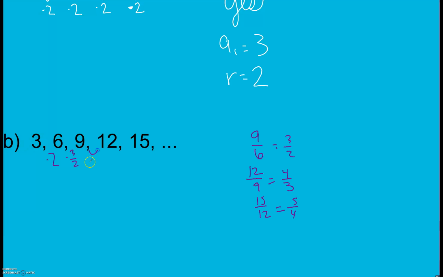So here we multiplied by 4/3. Here we multiplied by 5/4. Since those are not the same, it is not geometric. So we don't list a first term and we have no common ratio.